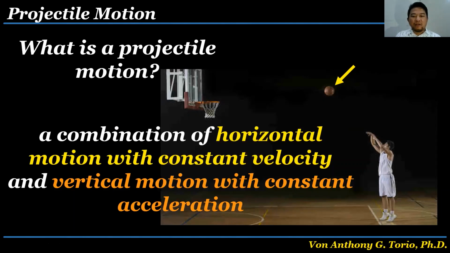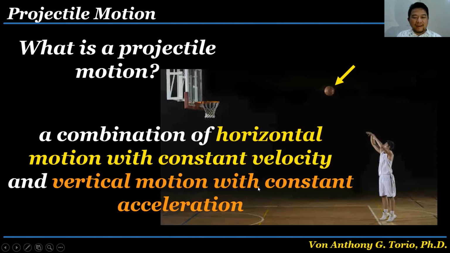As fundamental concepts, acceleration is defined as the rate of change of velocity, or the change in velocity per time, where velocity describes the change in displacement per time. So when we say that the horizontal motion has constant velocity, that means there is zero acceleration for the horizontal motion.